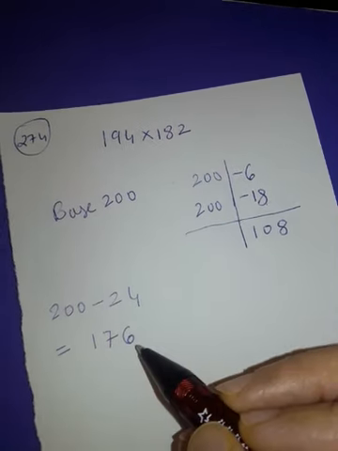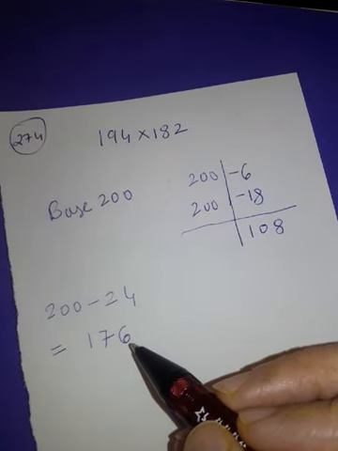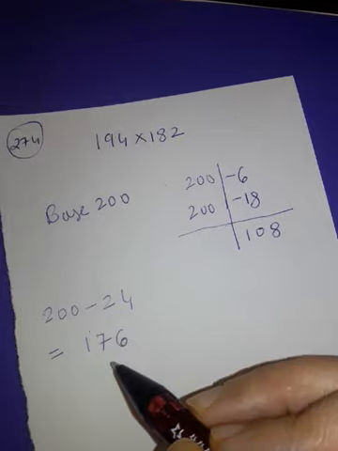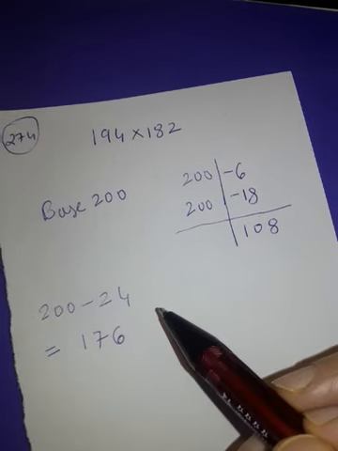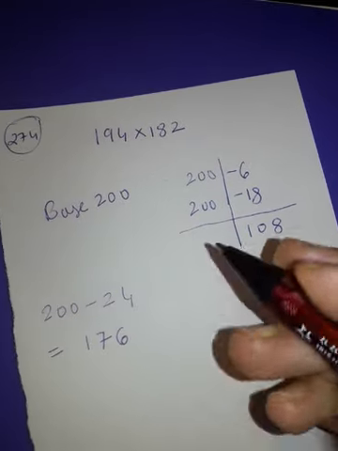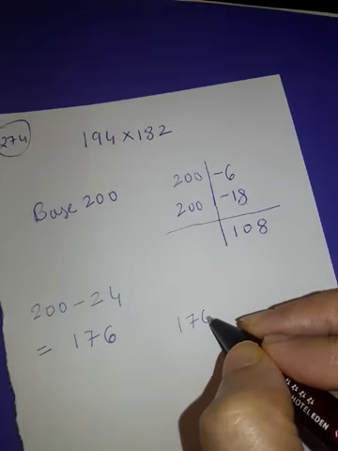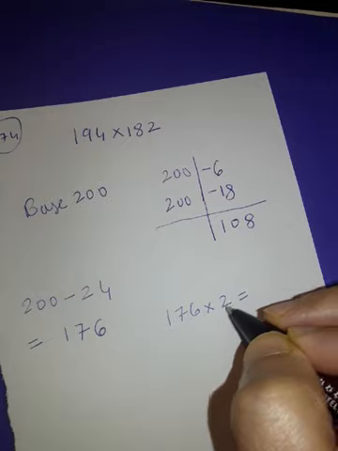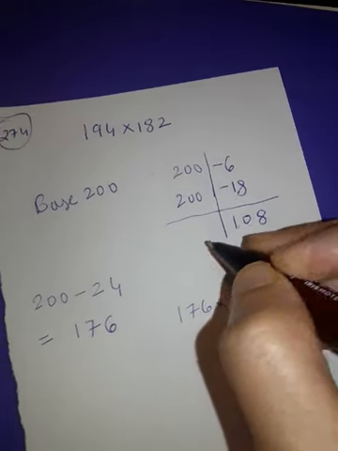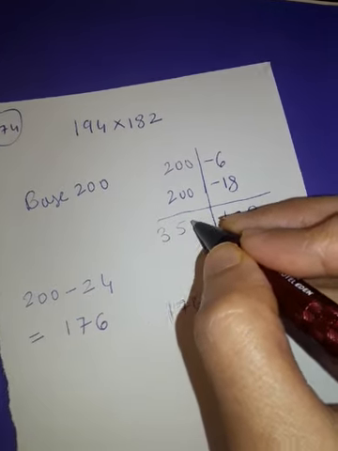So up to this step, everything is the same as what we did in base 100. But now we cannot copy this number here as it is. Since base is 200, I have to multiply 176 by 2. It comes out to 352. Now I'll write here 352.